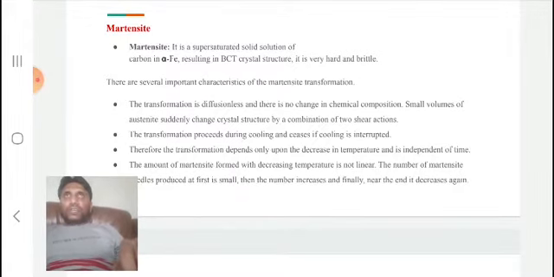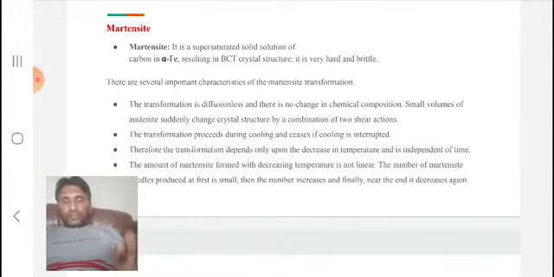Actually, whatever the cooling rate, independent of time, just quench it below 200 degrees centigrade, and based on the carbon percentage, whatever austenite is formed, the entire austenite will transform into martensite.